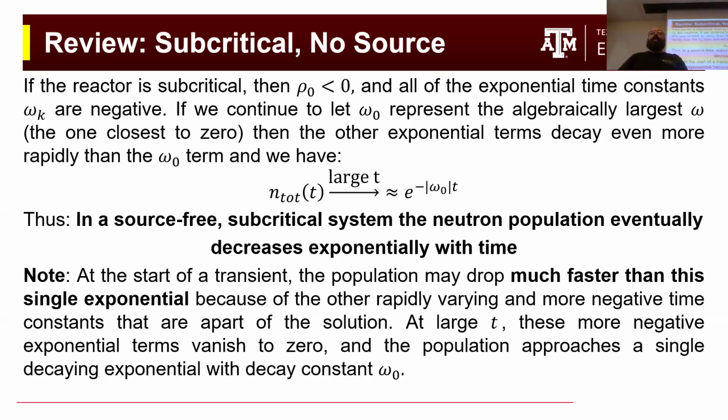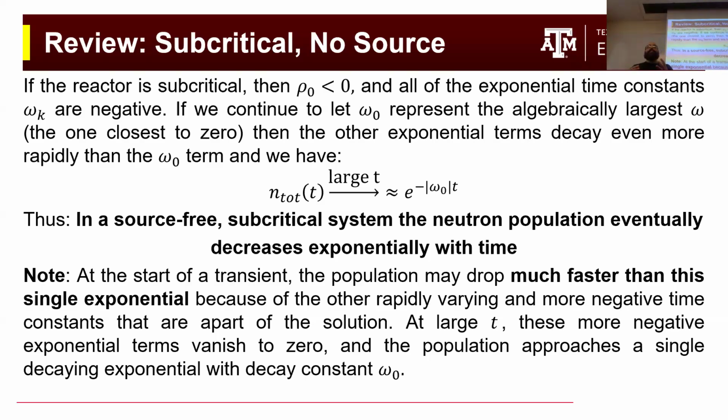So if we made the reactor become subcritical, that means that we're doing a negative reactivity insertion, and that means that all of our time constants are going to be negative. So if they're all negative, that means if we let time go to infinity, they're all going to start decaying away. They're all going to approach zero.